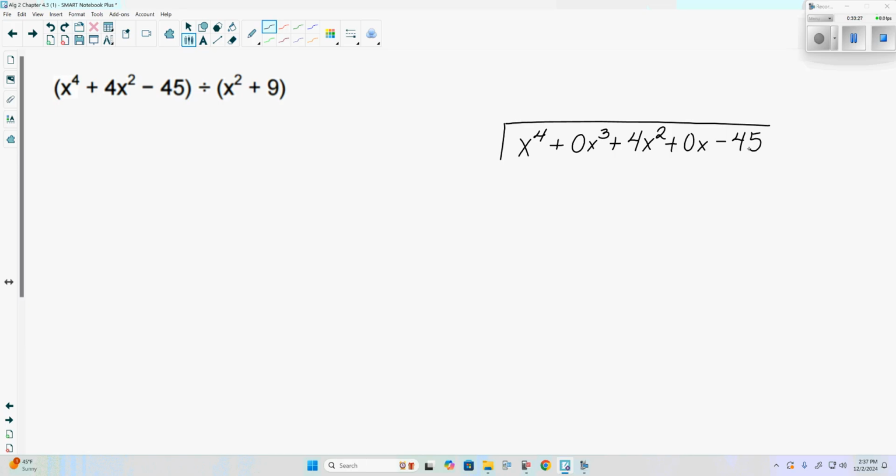We don't necessarily need the x cubed and x because of how this works, but it's better to put them in there. Now, what's outside, we have x squared plus 0x plus 9. Since we have a spot missing, we'll need to fill it back in. And this is to mainly make sure that we have all of our terms lining up and it's simplifying nicely.